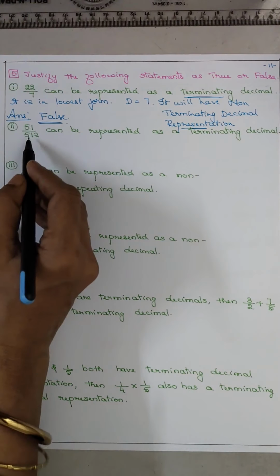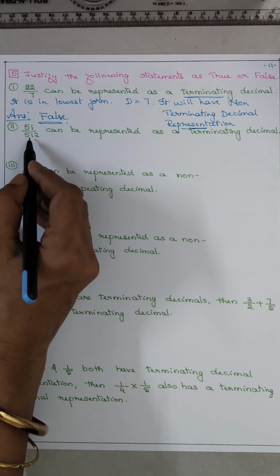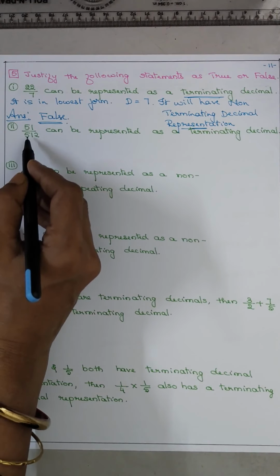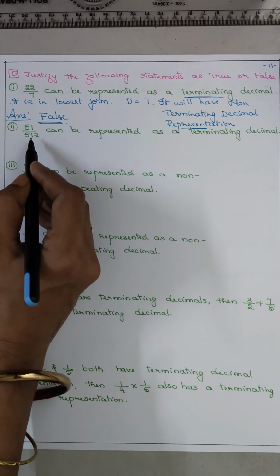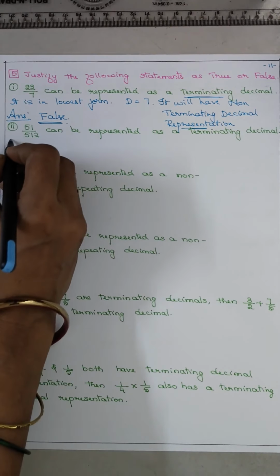Now 51 by 512. The denominator is 512, and it is in the lowest form.